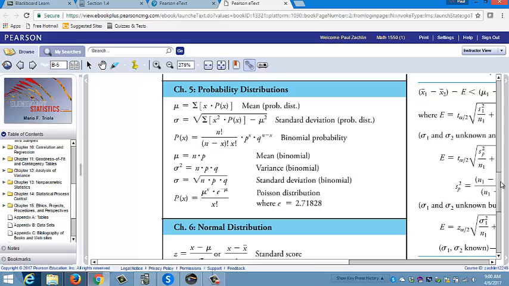Yeah, chapter 5, right? There it is. Do you see the top formula? How do you read that? The mean is mu. And what do you do? Sum up what? X times P of X. That's right.